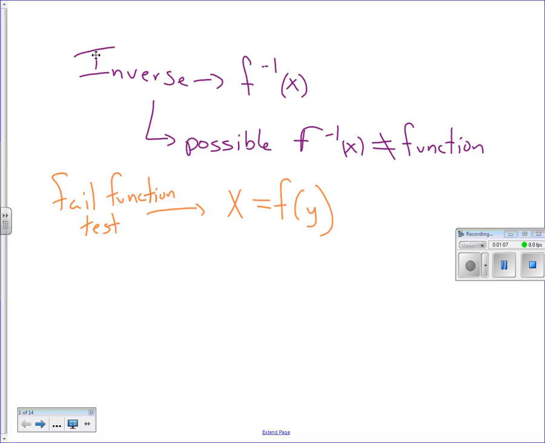So remember, we've been finding inverses by making x equal to y. We've been finding f to the minus 1 of x by simply switching x's and y's. We've been doing it algebraically.